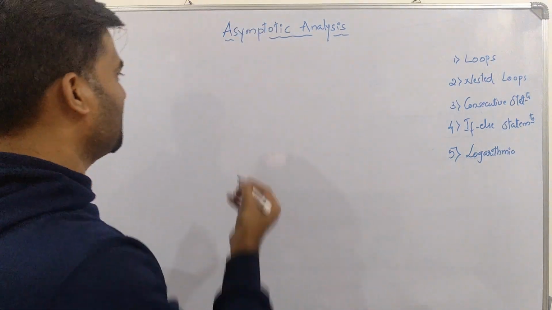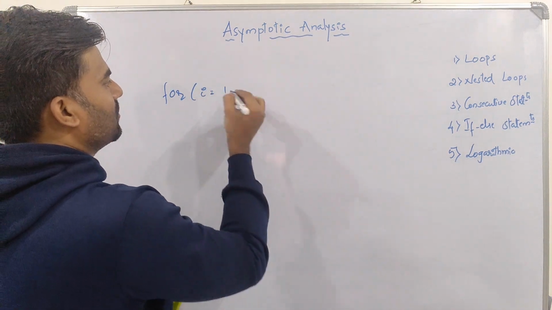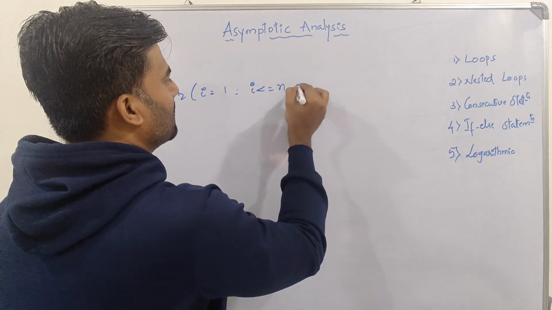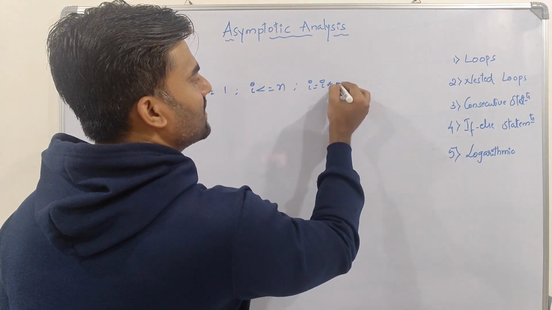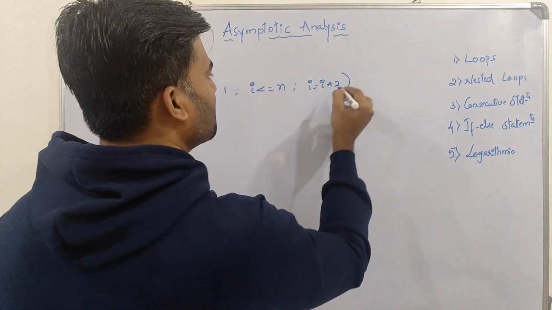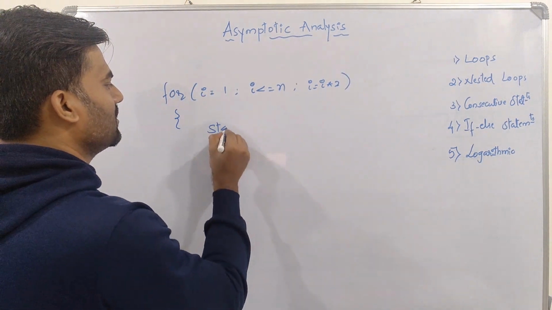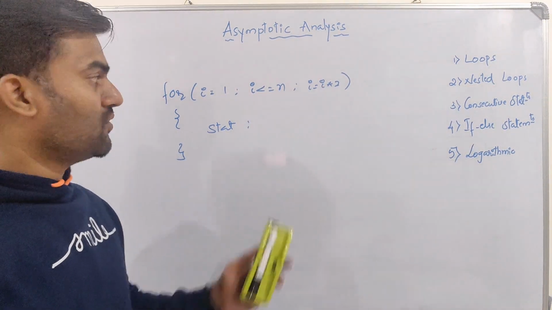Let us take an example: for i equal to 1, i less than or equal to n, here i equal to i star 2. Say for example, every time i gets multiplied by 2.